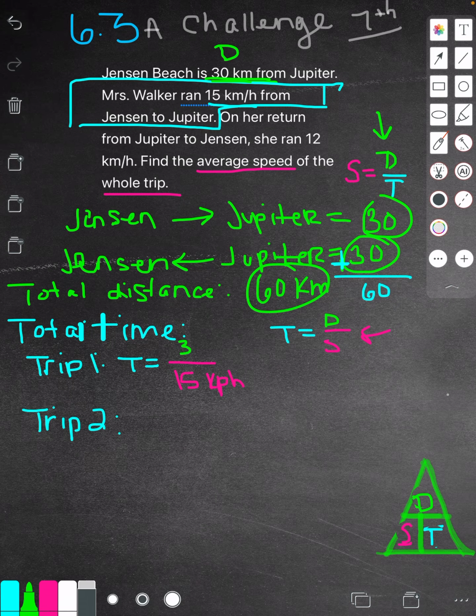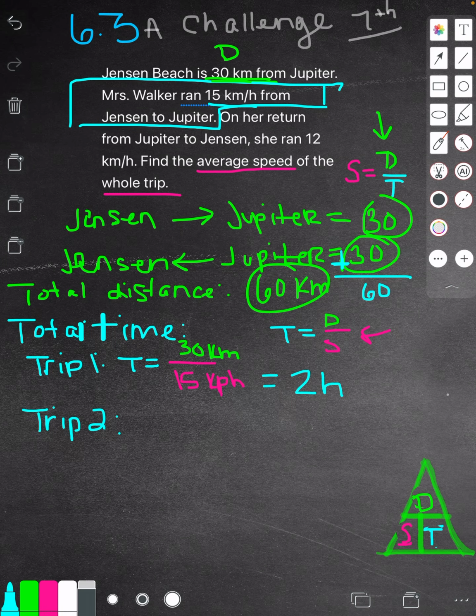So 30 kilometers divided by 15 kilometers an hour is going to give us the actual time here. All right, so trip 1, the time is 30 divided by 15. 2 hours. All right, I know that it took 2 hours here.